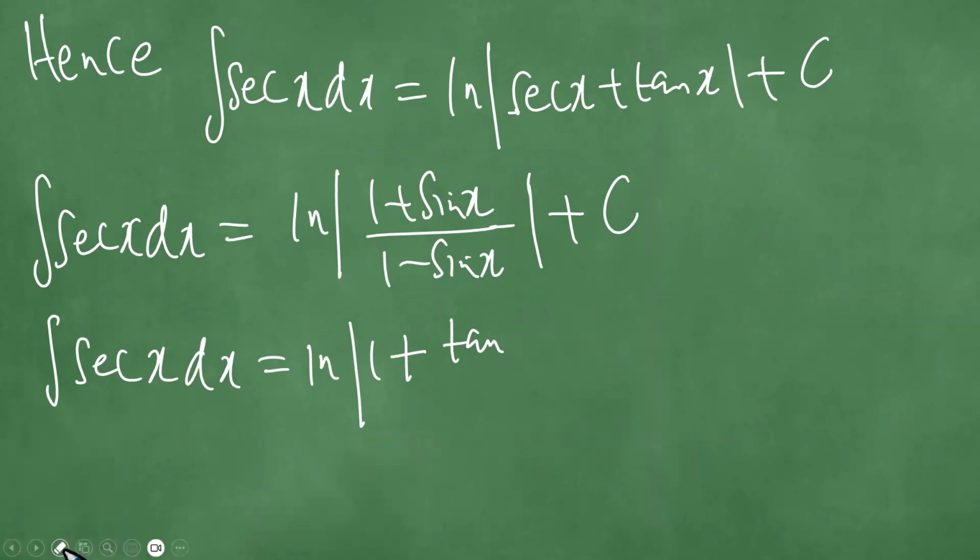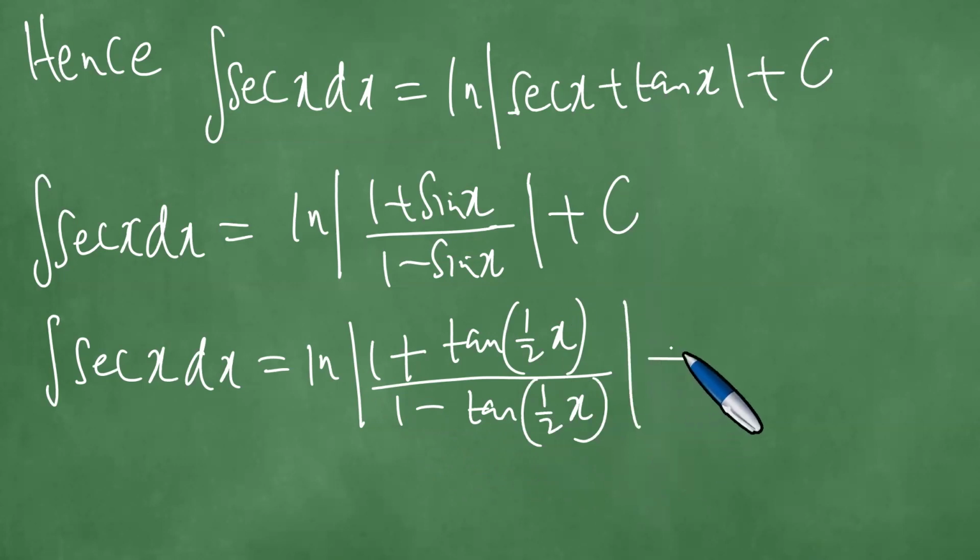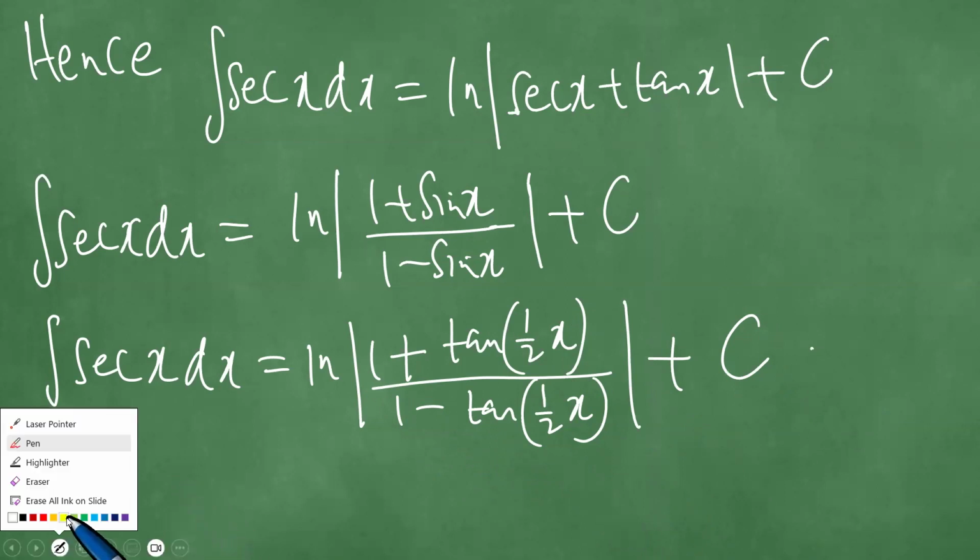So 1 plus the tangent of 1/2 x divided by 1 minus the tangent of 1/2 x, and we add the arbitrary constant of integration c. So we have been able to establish a series of results that are celebrated in calculus. What are the results? Let us sum them up.